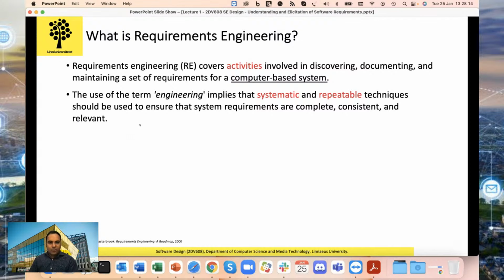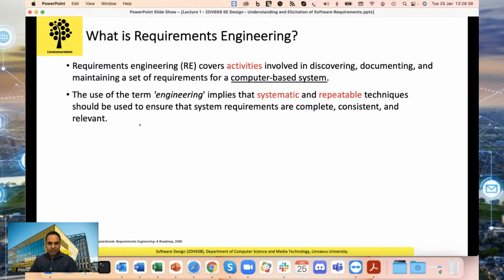So we now know what software requirements are, but then there is another terminology, requirements engineering. We have requirements, but how do we engineer them? That is the ultimate goal when we talk about requirements analysis or requirements specification.